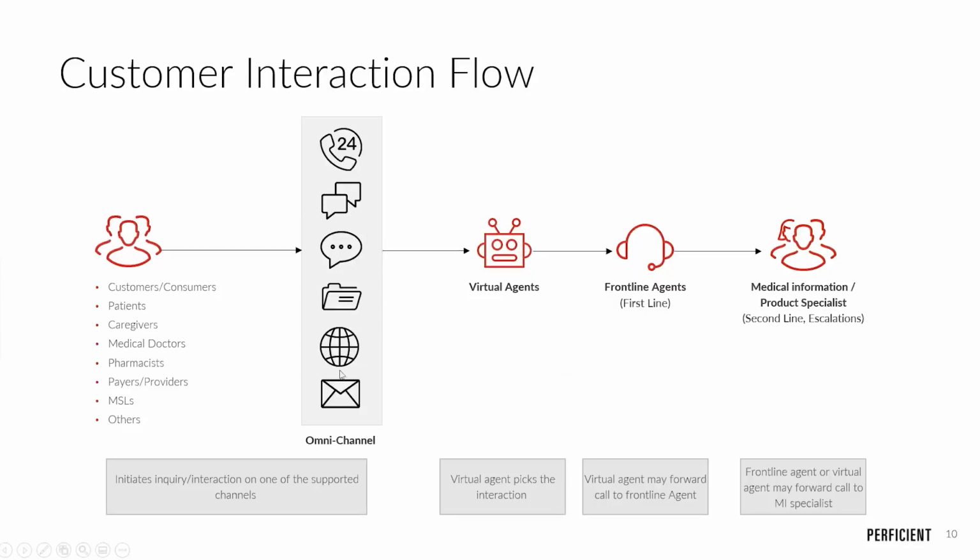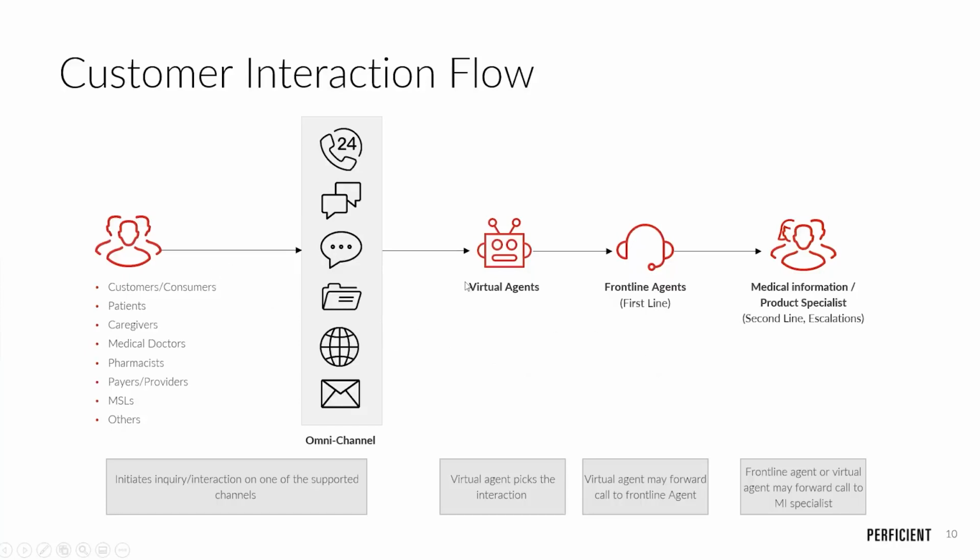How do we build this integration? So not only is the customer interaction flow handled by the platform, but also it provides more integrations with other systems that will enable this to be a very user-friendly platform.